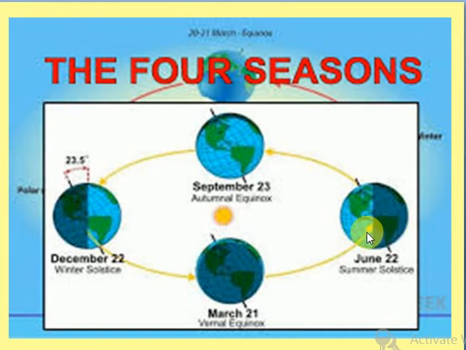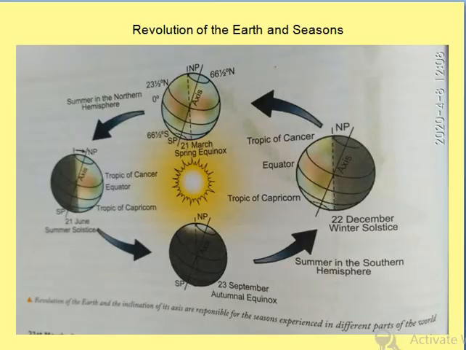The rays of the sun fall directly on the Tropic of Cancer. As a result, these areas receive more heat. The areas near the poles receive less heat as the rays of the sun are slanting.